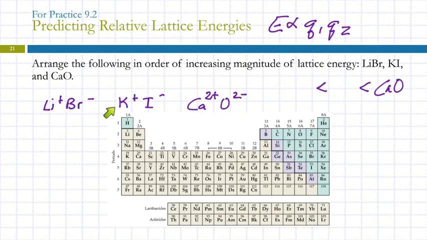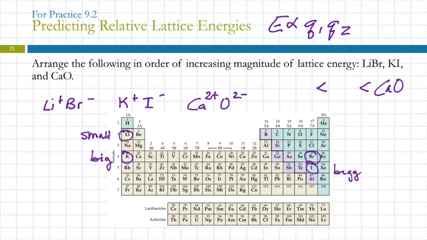Well, lithium and potassium. Here's lithium, here's potassium. Is lithium bigger or smaller than potassium? Lithium is smaller. So this one's smaller and this one's bigger. And if we compare bromine and iodine, iodine's bigger, right?